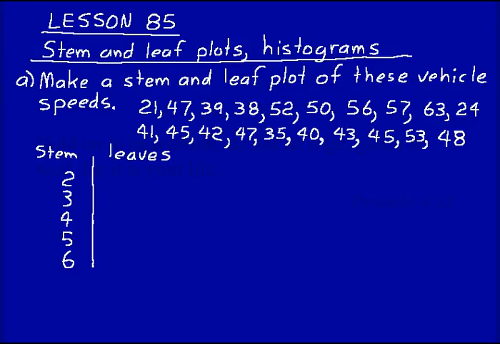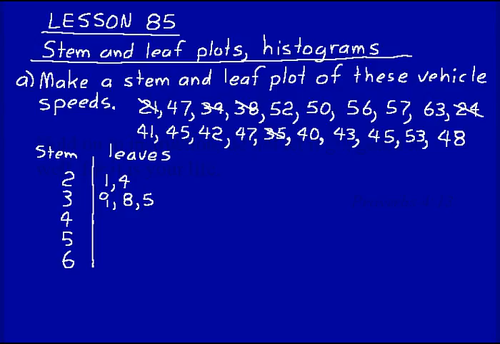Let's start with our 2's. We have 21 and a 24, so we put the 1, comma 4, and we can cross out the numbers we have used. Then you read through the bottom row left to right looking for 2's as a first digit, and that's all there were. Now the 3's: we have a 39, cross that out, a 38, cross that one out, and another first digit of 3, the 35, so comma 5, cross that out, and that's it for the 3's.